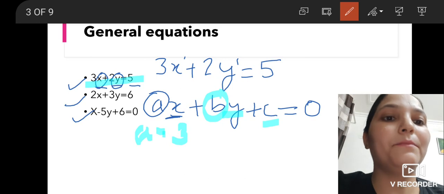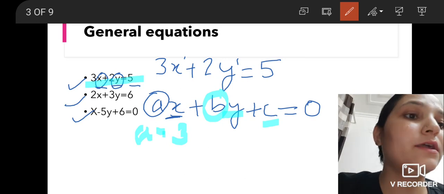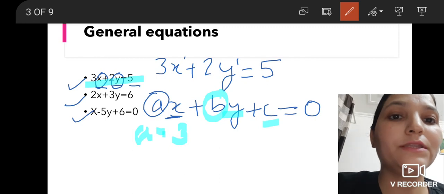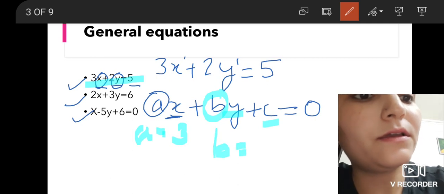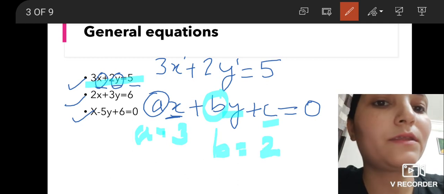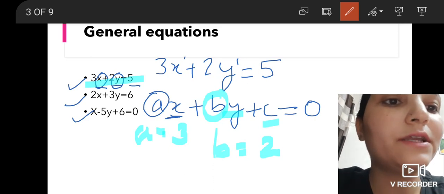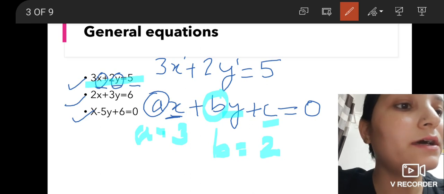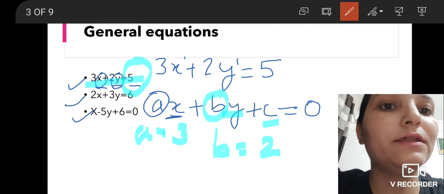And if you compare, then your b will be 2, right? Now if you compare c, you can see the general equation has c on the left side, but here you see that this is on the right hand side.